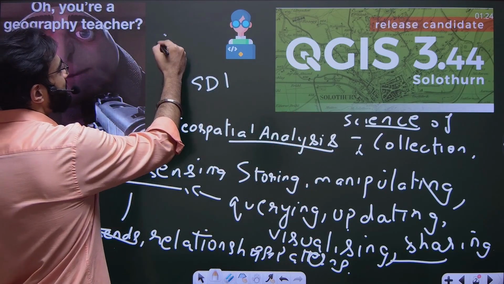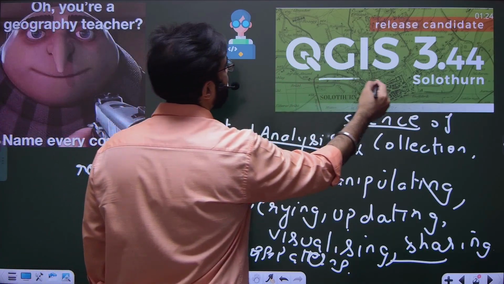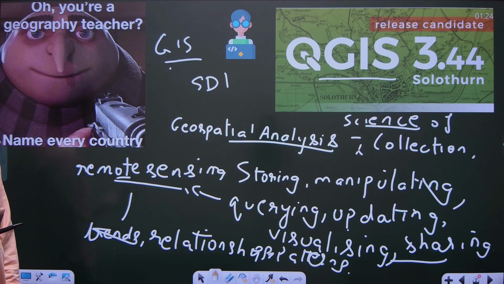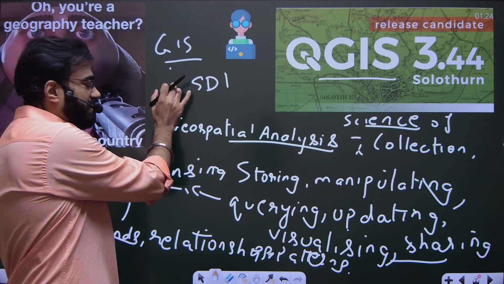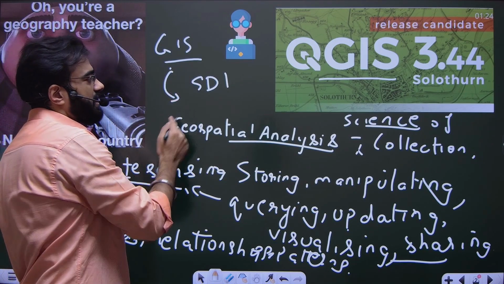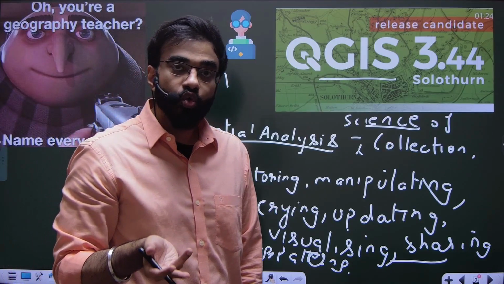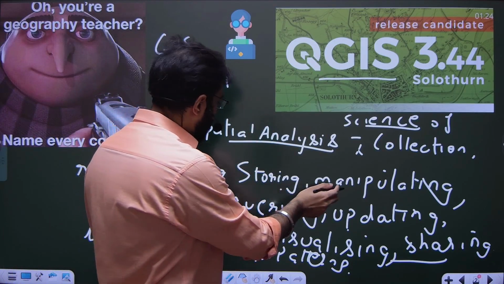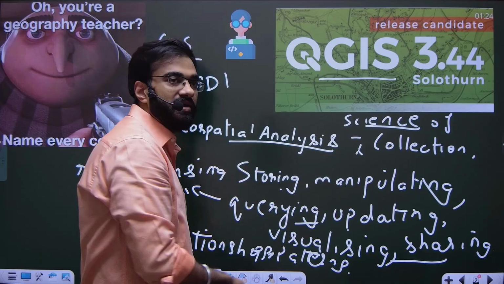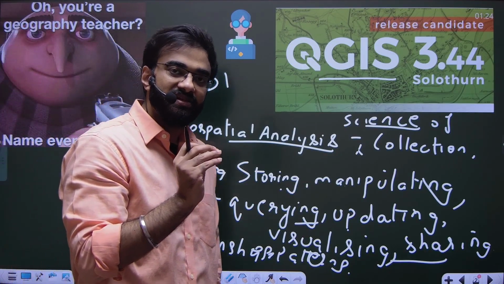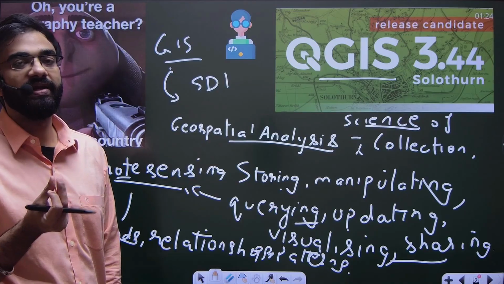Then what is GIS? GIS stands for Geographical Information Systems. It is a computer-based tool or software to store, manipulate, collect, query spatially georeferenced and non-spatial data.